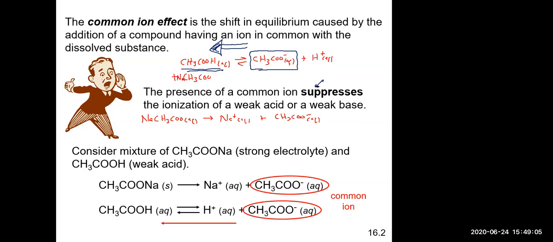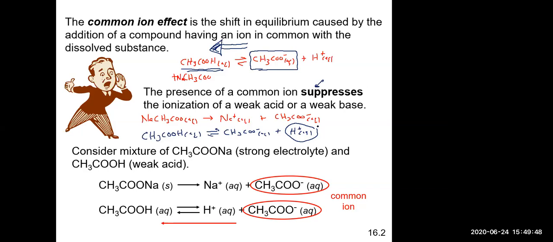So the presence of this common ion will have the effect of, again, preventing that weak acid from normally breaking apart like it would. So what does that really mean in terms of something like pH, right? So in terms of pH, if we had just our acetic acid by itself, again, it's pretty much free to break apart into our acetate and our H+, which means acetic acid by itself will produce a certain amount of H+.